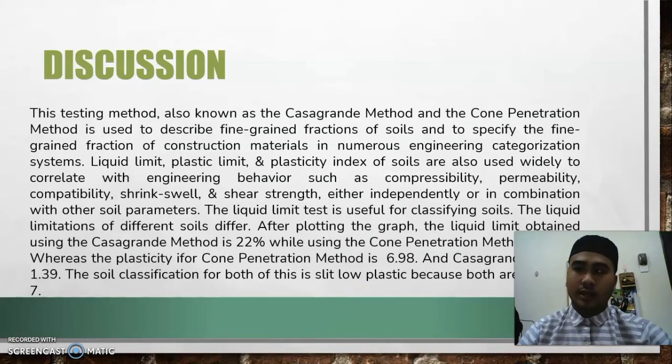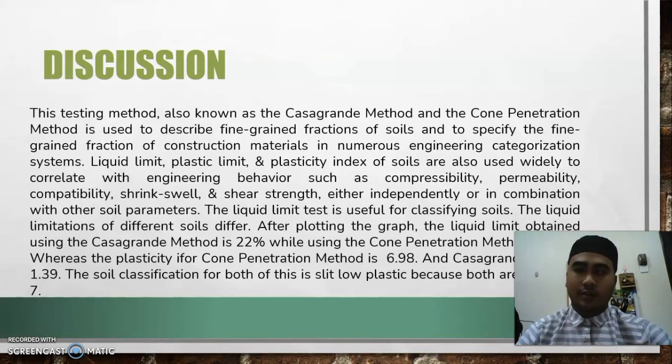Now I will explain this question. This testing method, also known as the Casagrande method, and the cone penetration method, is used to describe the fine grain fraction of soil and to specify the fine grain fraction of construction material in numerous engineering categorization systems.